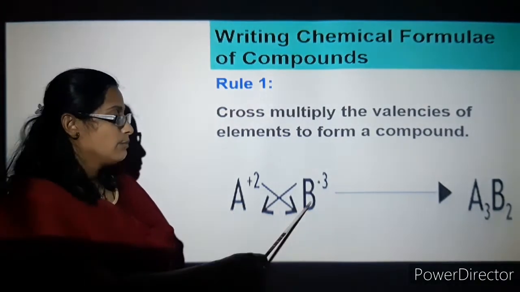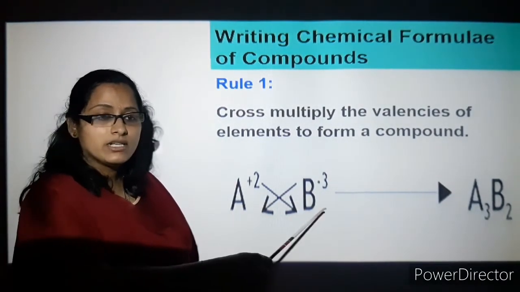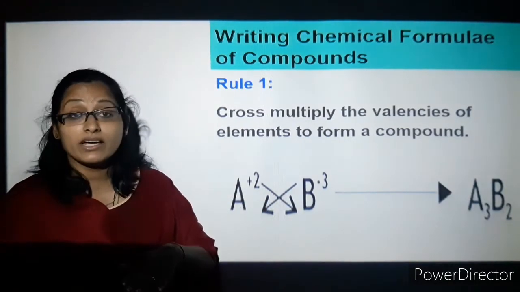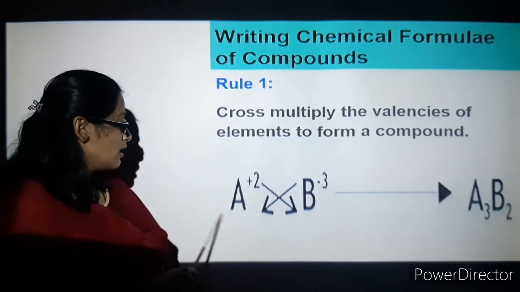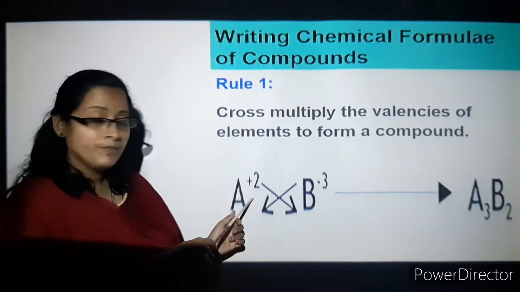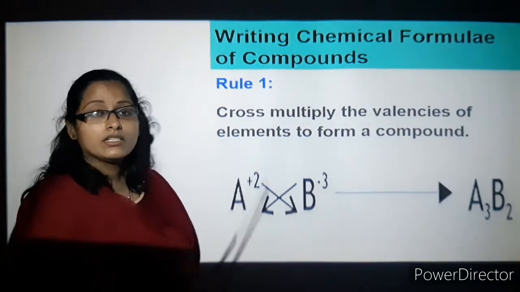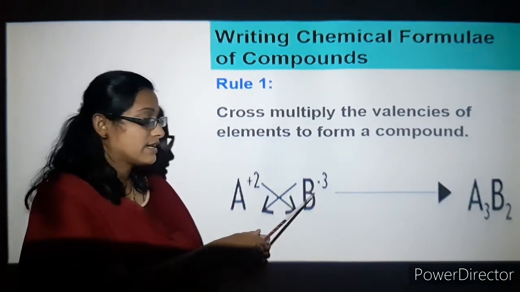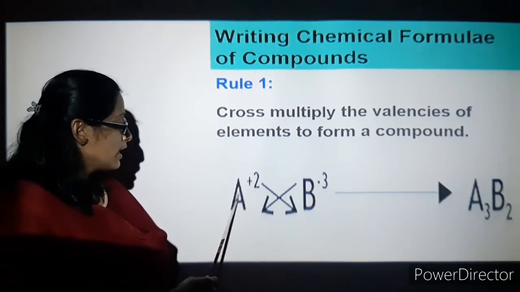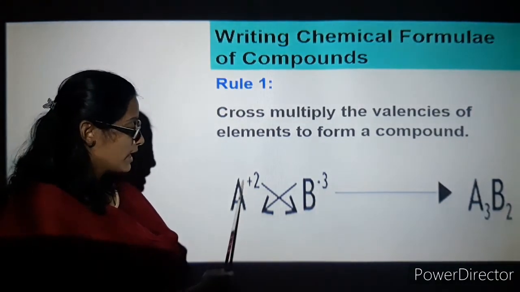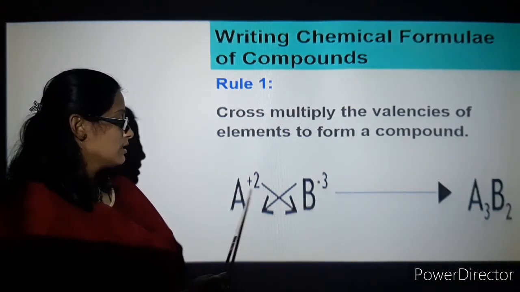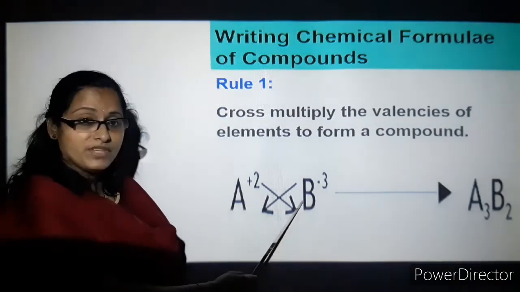In the same way, cross multiply the valencies of elements to form a particular compound. So A and B are 2 different elements. They are going to combine together, but they are going to cross multiply their valency. Say A plus 2. Plus always means a metal. B minus 3: minus is negative, it is an anion, it is always a non-metal. So A's valency is cross multiplied with B's valency, and it gets shuffled.